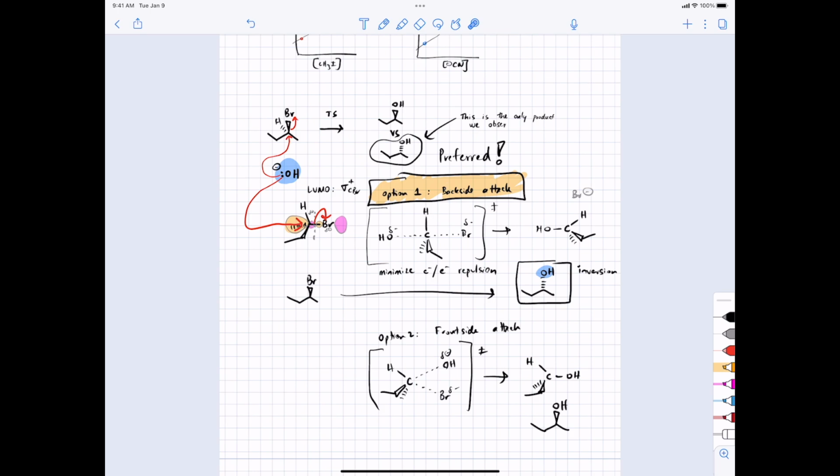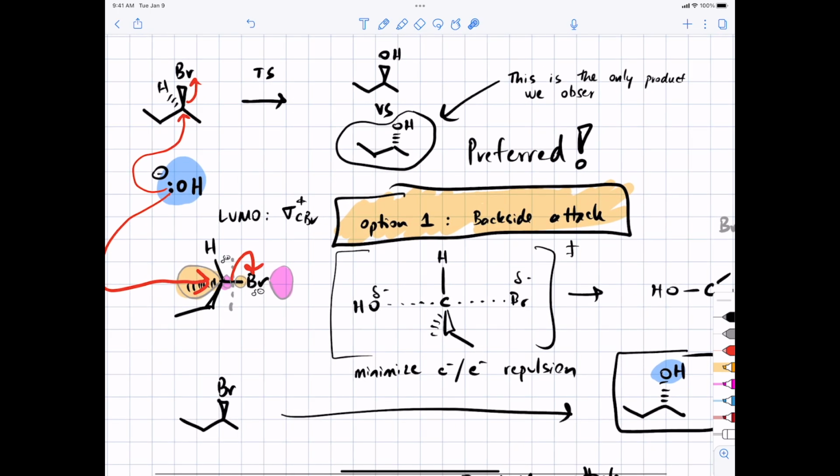So to summarize, this single enantiomer is the only one we observe for the SN2 reaction. And so in this way, you can tell whether a reaction mechanism was SN1 or SN2 simply by looking at the products.